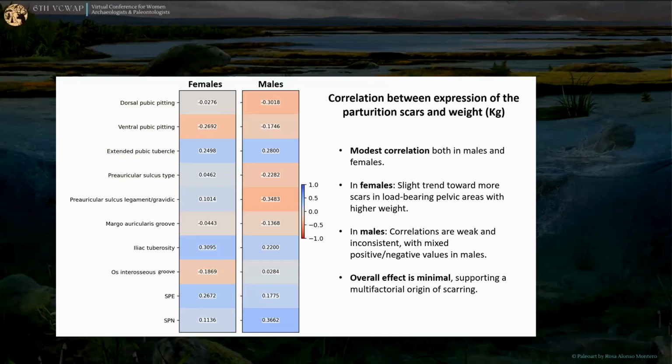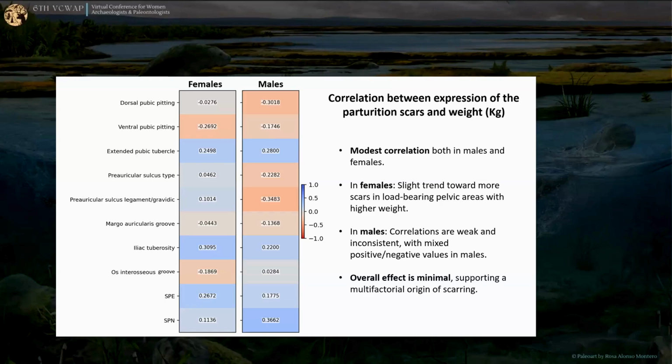In females, we have only weak positive correlations in some load-bearing pelvic areas, suggesting that weight is not a major driver of scarring. And in males, we have mixed positive and negative low correlations, indicating that there is no consistent association between weight and scarring.